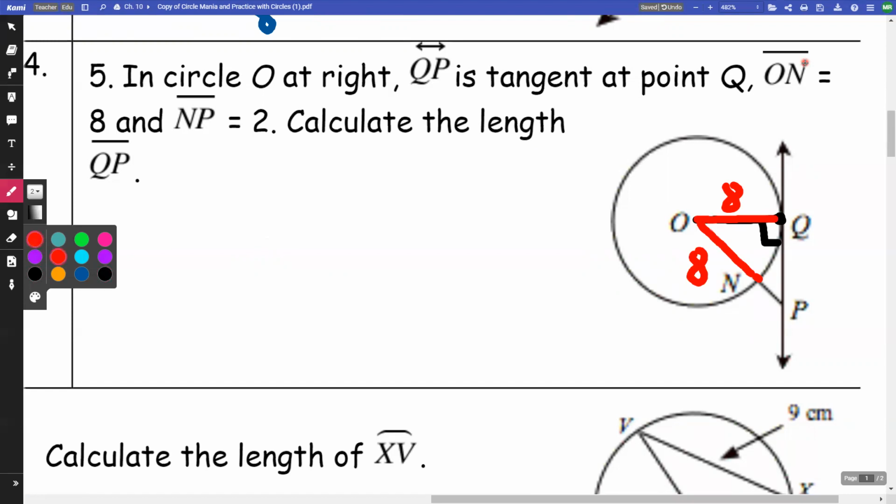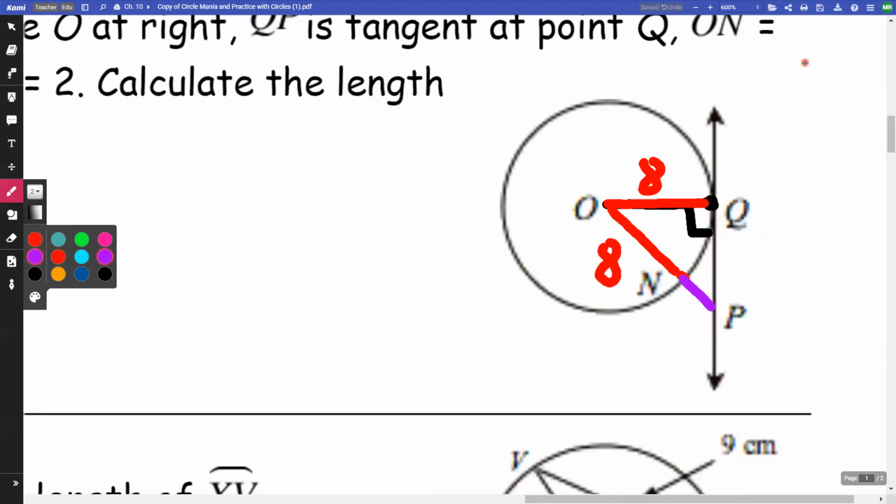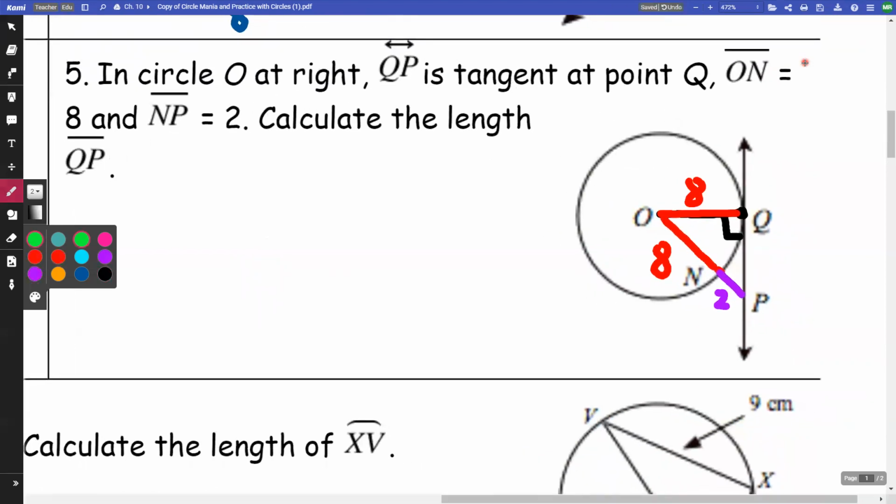We know that NP is 2, so this is going to be 2. And they want us to find this piece right here that I'm going to call X. So in this situation, I have a right triangle.